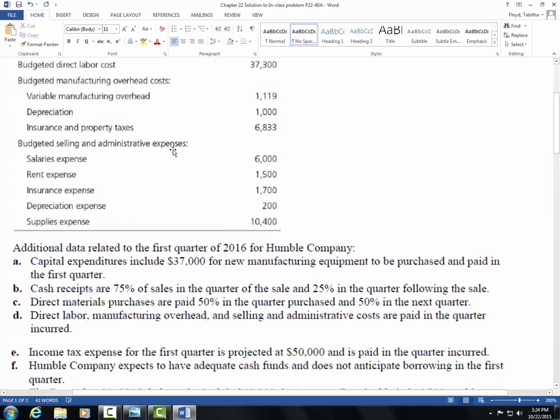And selling and administrative expenses, we pay for these in the same quarter that we incur them. So if it's got cash actually going out, we're going to list it in our cash payment schedule. So salaries, rent, insurance, those all have cash payments. And supplies expense, but not depreciation, for the same reason that I said earlier about depreciation.